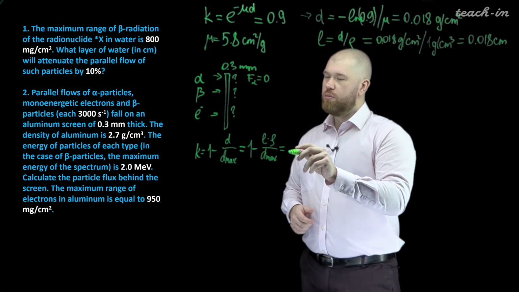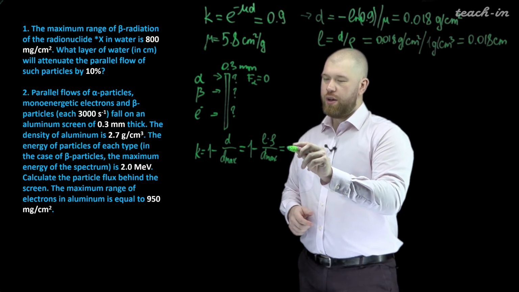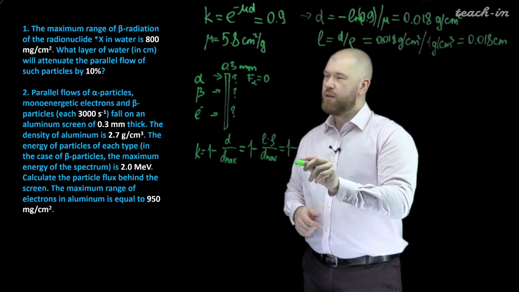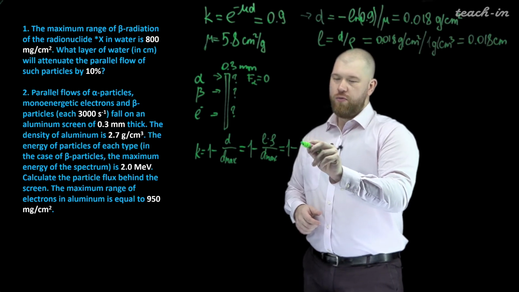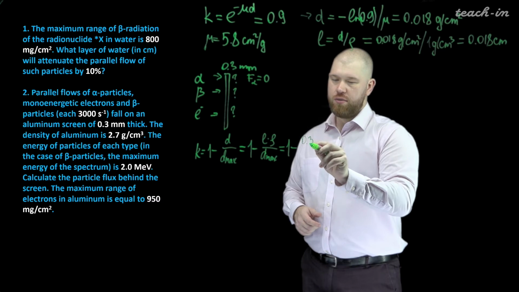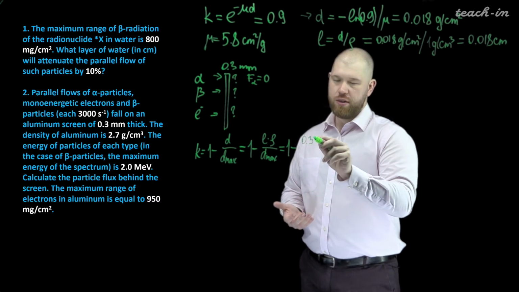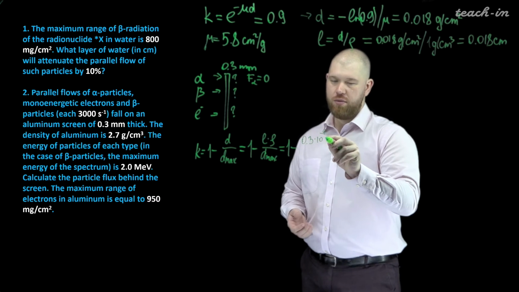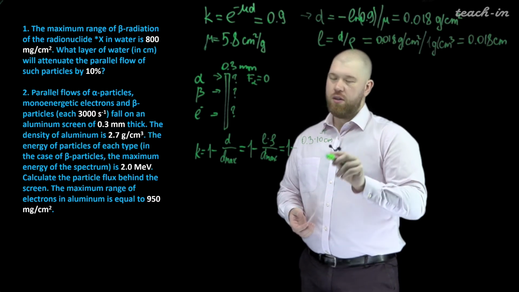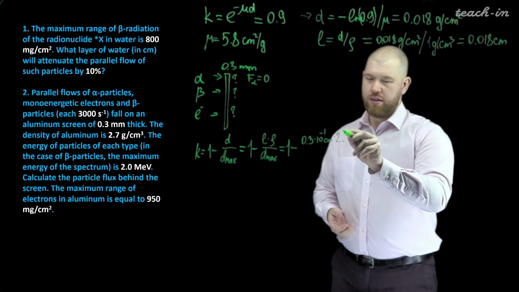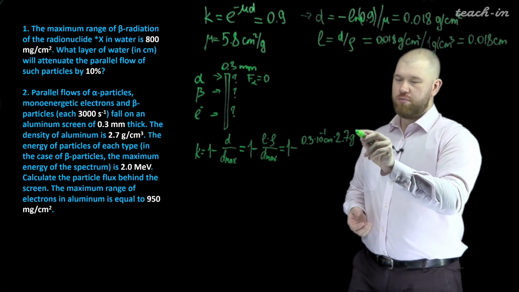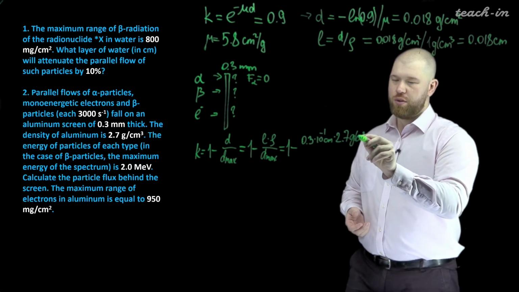Here we have 1 minus 0.3 millimeters. Let's convert it to centimeters. It will be 10 to minus 1 centimeter, because we will use the density of the material per cubic centimeter.